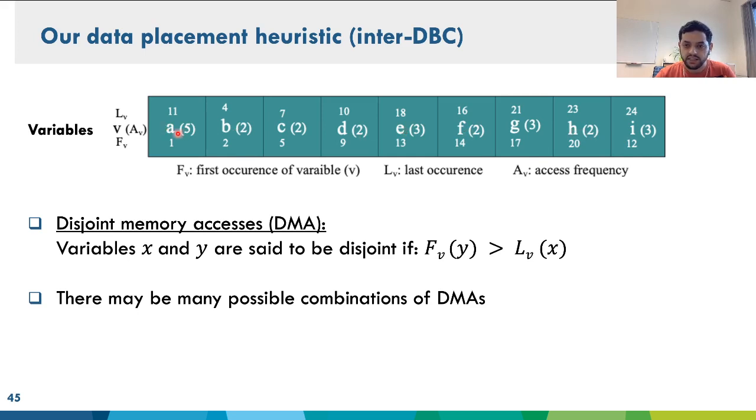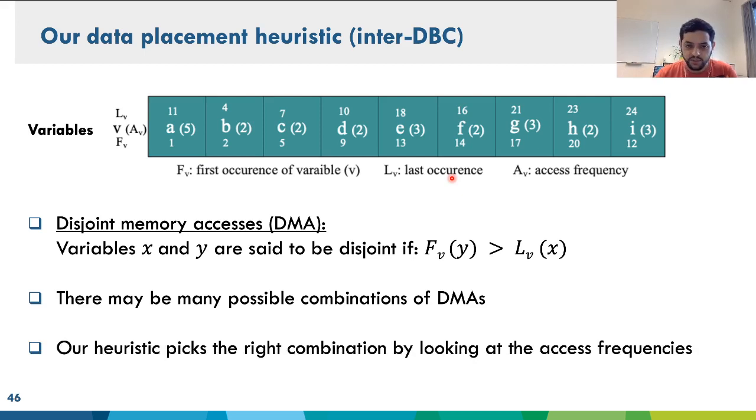For instance, A is disjoint to F, F is disjoint to G, so A, F, G, and so on. To decide which combination to place in a DBC, we use the access frequency information, and based on it, we pick the right combination.